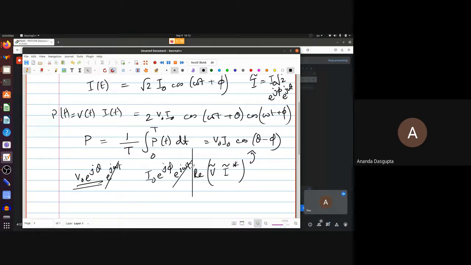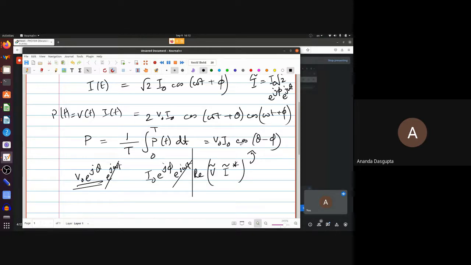So the only difference in the formula would be if your voltage and current were quoted using peak values, you would have an extra half. If it's quoted using RMS values, you don't have an extra half. That's it. So then the point is, instead of giving up on the complex voltage and current, what you can always do is use this formula, which gives you the same result.